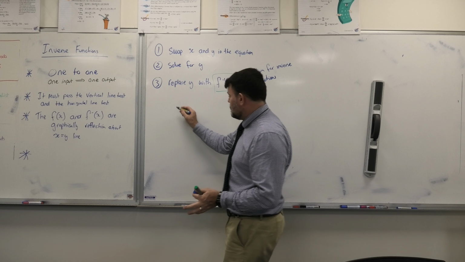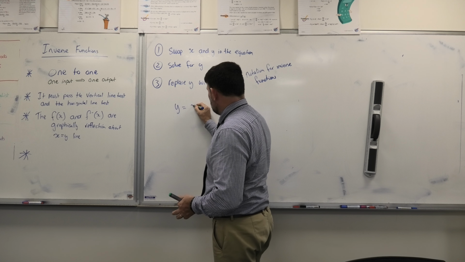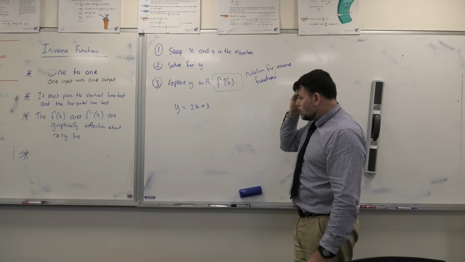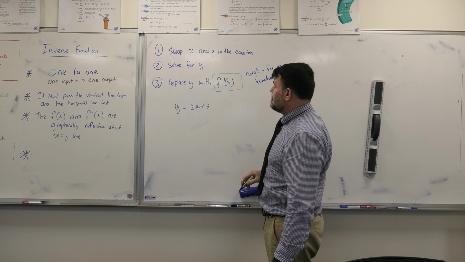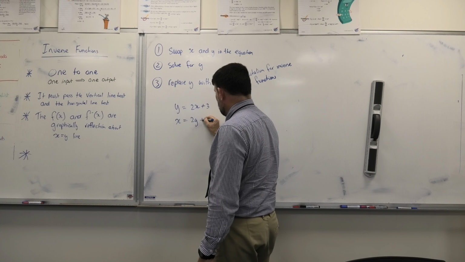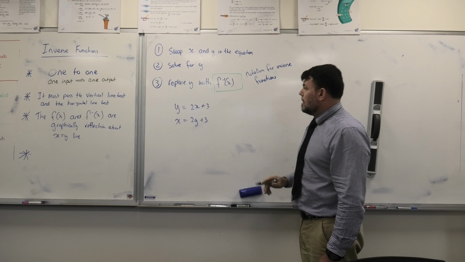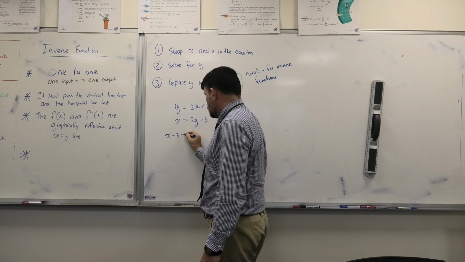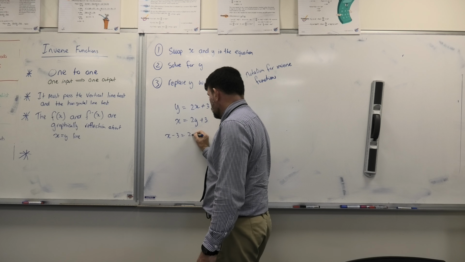So let's take an example. y is equal to 2x plus 3. Our first step here is let's swap the x and y around. So we'll have x is equal to 2y plus 3. We're now going to solve for y. So we get x minus 3 is equal to 2y. Divide both sides by 2.